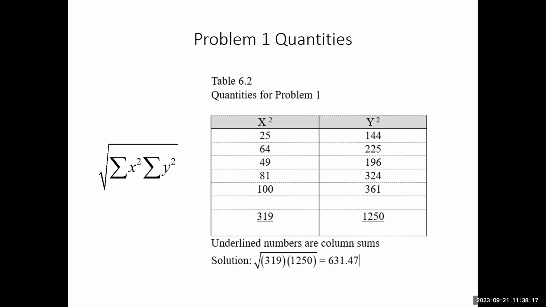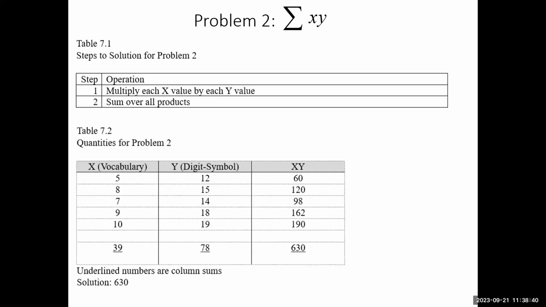So the sum of squared x values gives us 319. The sum of the squared y values gives us 1250. And so then I put the product of those two numbers, 319 by 1250, under the radical. And our answer in this case is going to be 631.47.